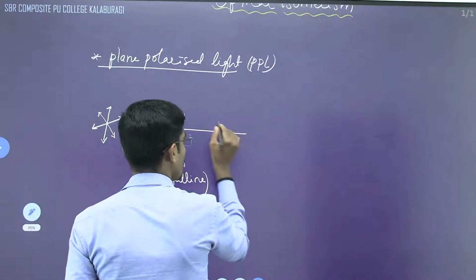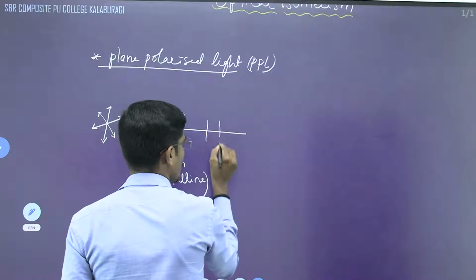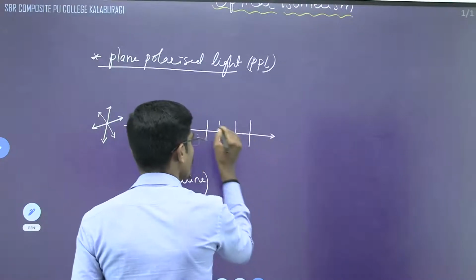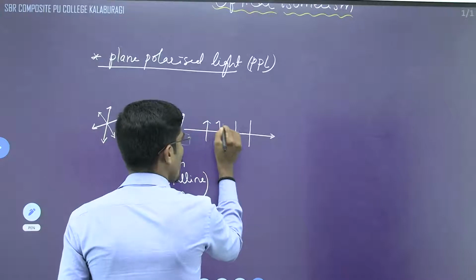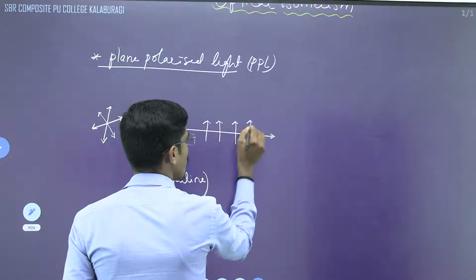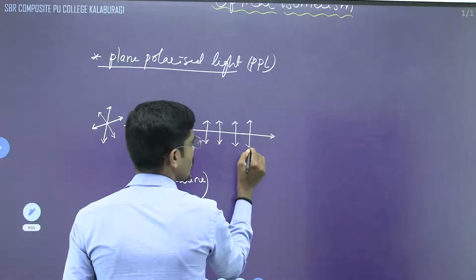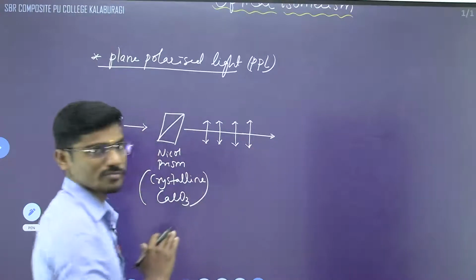When the ordinary light is passed through the nickel prism, it becomes plane polarized light. That means it consists of electromagnetic radiations which vibrate only in one direction and the remaining are cut off.